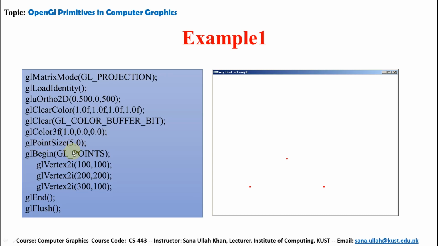Point size is 5.0. So glBegin(GL_POINTS), glVertex2i means x and y coordinates: started from x 100 and y 100, x 200 and y 200, x 300 and y 100. After glEnd, glFlush means to display this result on the screen.